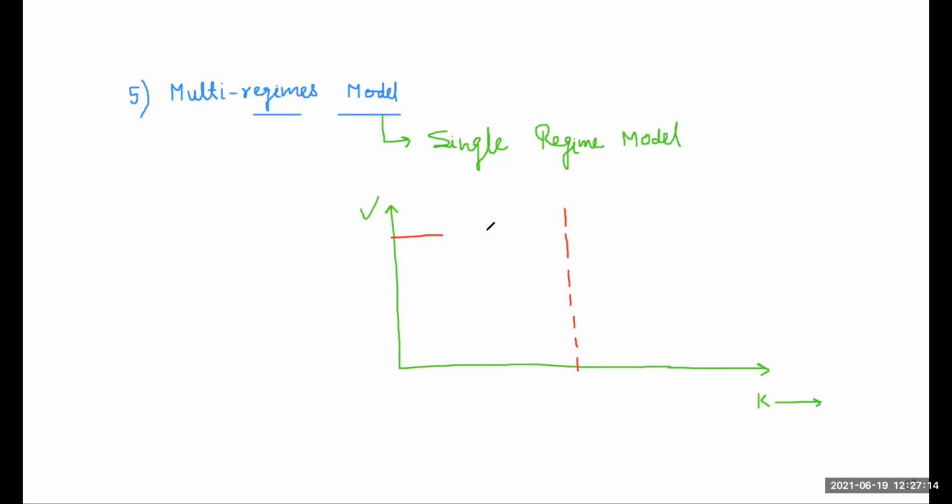From here to here, a constant or a straight line will come. Now here the curve or a straight line will go down. So this is zone 1, and this is zone 2.